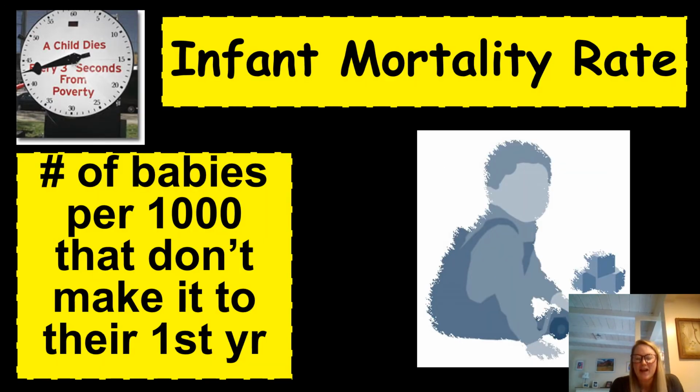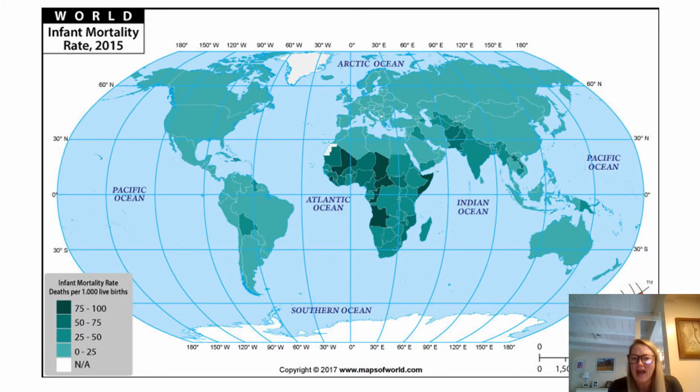Infant mortality, unfortunately, is something that demographers also calculate. It is the number of babies per 1,000 that don't make it to their first year of life. Looking at this graph, these are the world infant mortality rates from 2015. I apologize, I couldn't really find anything newer.